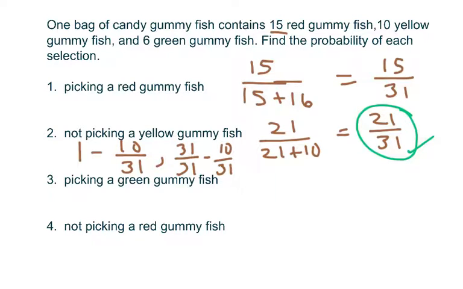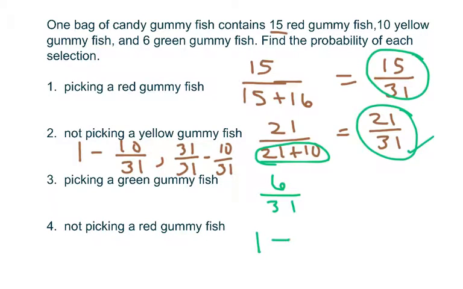Okay, picking a green gummy fish. So green is 6, and we already know the total is 31. Not picking red, since we already have the red, let's do not. So that would be 1 minus 15 over 31, which would be 31 over 31 minus 15 over 31, which gives us 16 over 31.